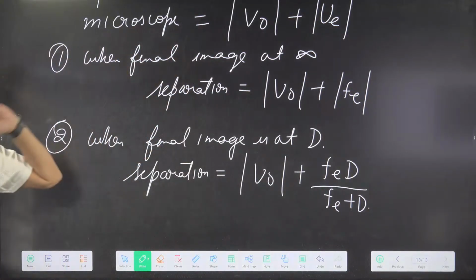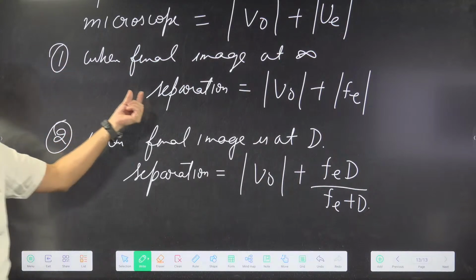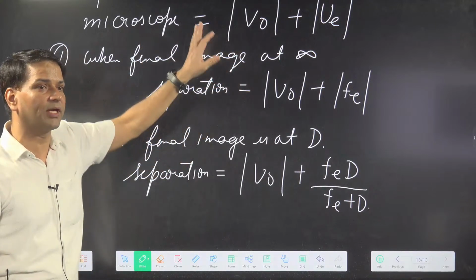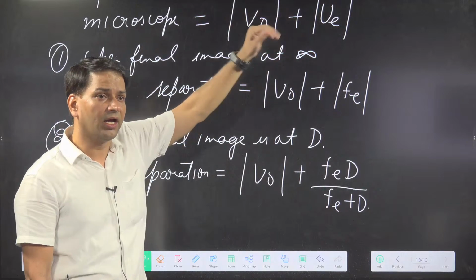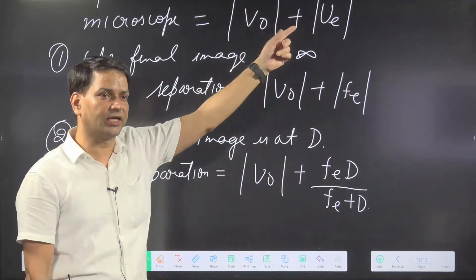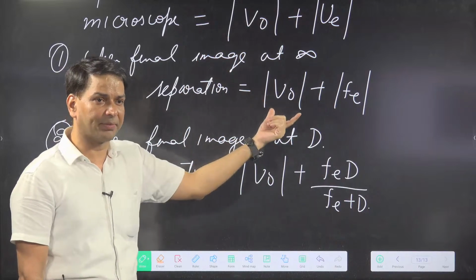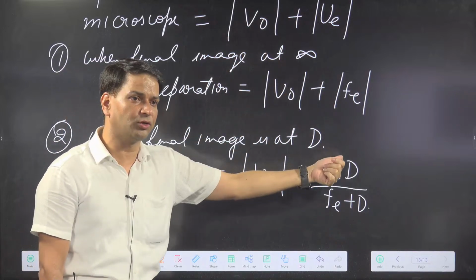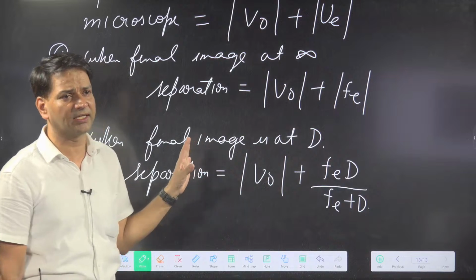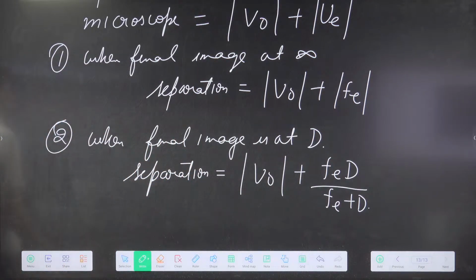Separation between the lenses, if needed, the general formula is VO plus UE. If they say final image is at infinity, UE we will take FE. If they say final image is formed at capital D, then UE we will take FE into D upon FE plus D. VO will remain as it is. Okay, that is the separation between the lenses.